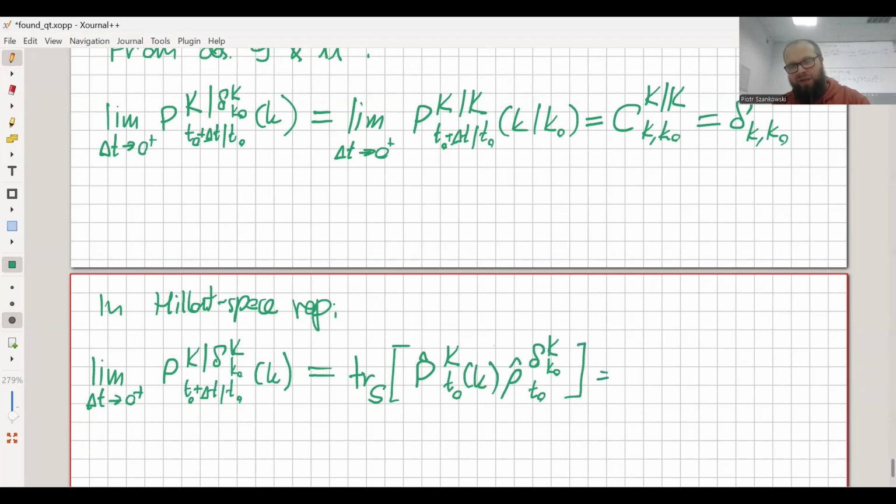And for a fine-grained measurement, this is rank 1, so we can even write this projector as a ket-bra. We can even write it like this.